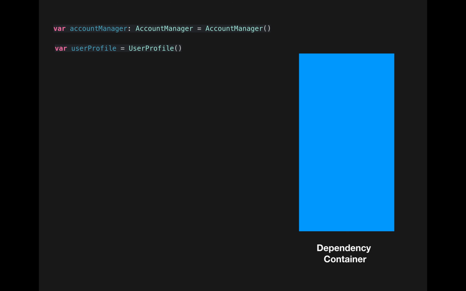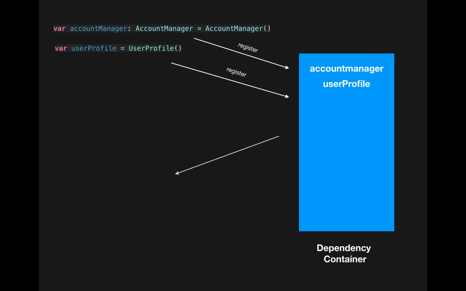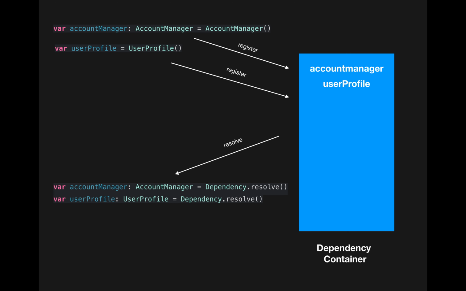What we will do is we will register our dependencies to our dependency container by calling the register function, and after calling this register function, this dependency container will hold all of our dependencies, I mean which we register, and wherever or whenever these dependencies are required, we will simply invoke the dependency dot resolve function and we can simply get it.